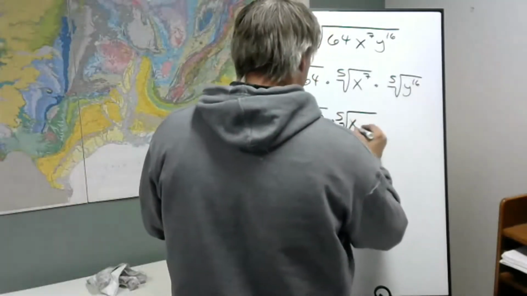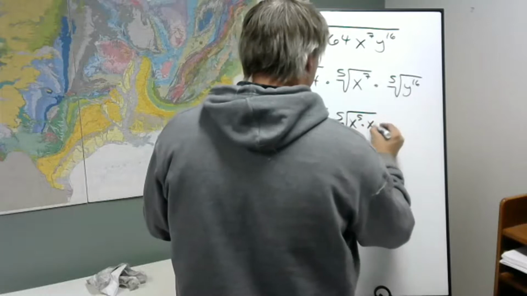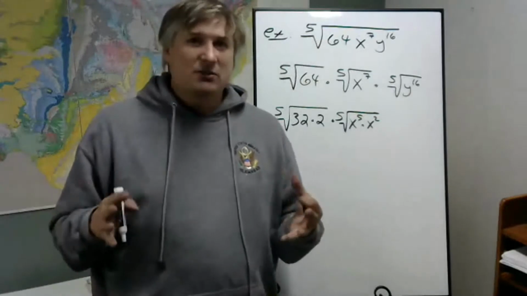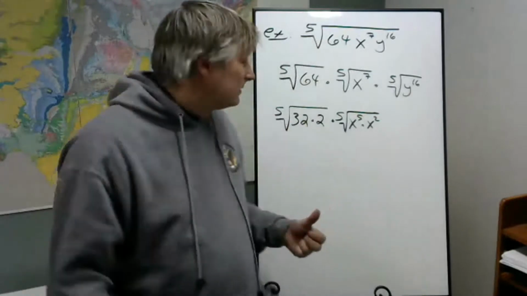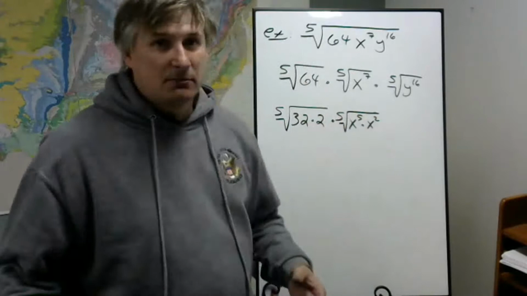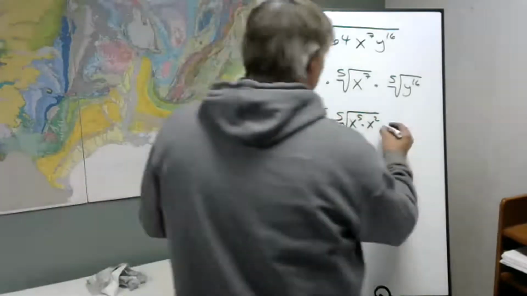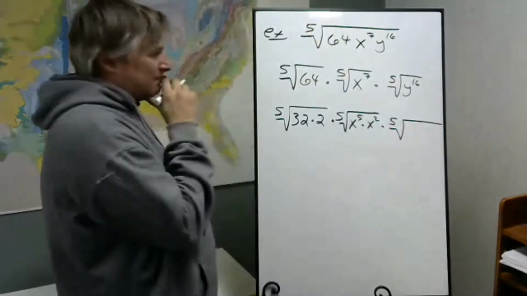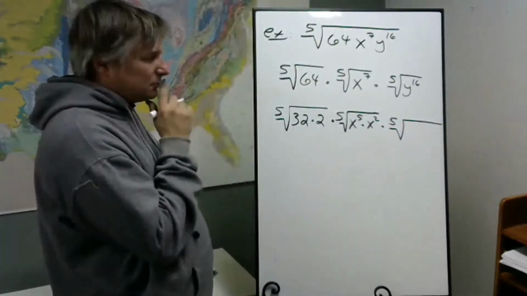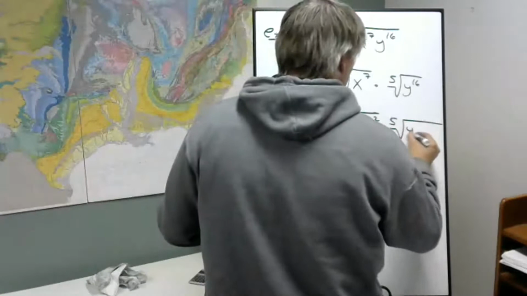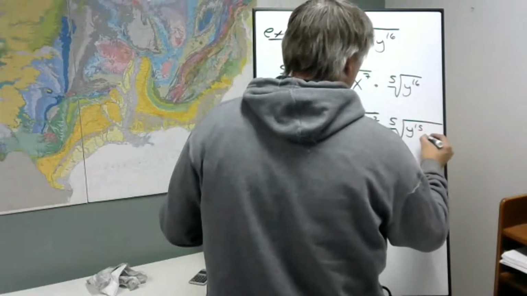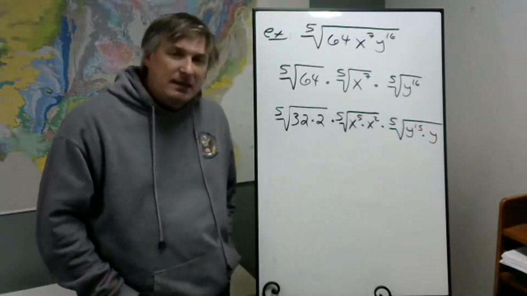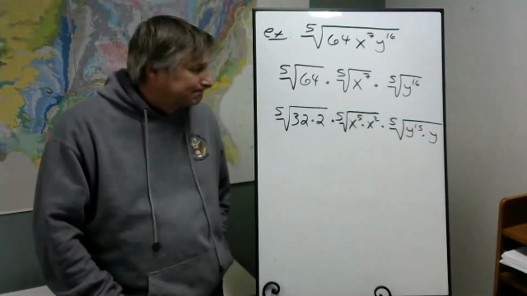What about this? Well, this we can break down as x to the 5th times x squared. X to the 5th has a 5th root. It's 5 x's multiplied together to give you x to the 5th. And so the 5th root of x to the 5th will be x. Now this one's a little tricky, but you can argue correctly that y to the 15th has a fifth root.